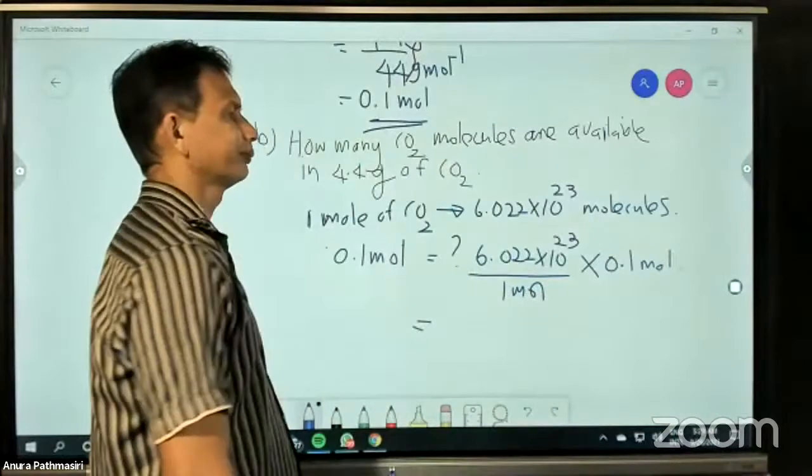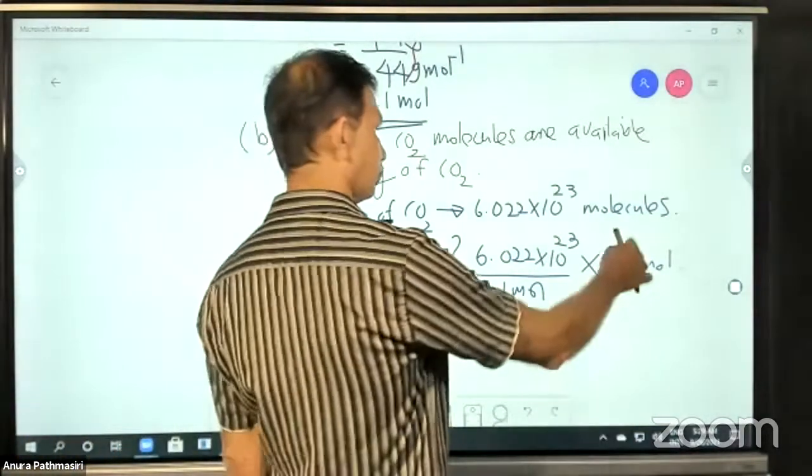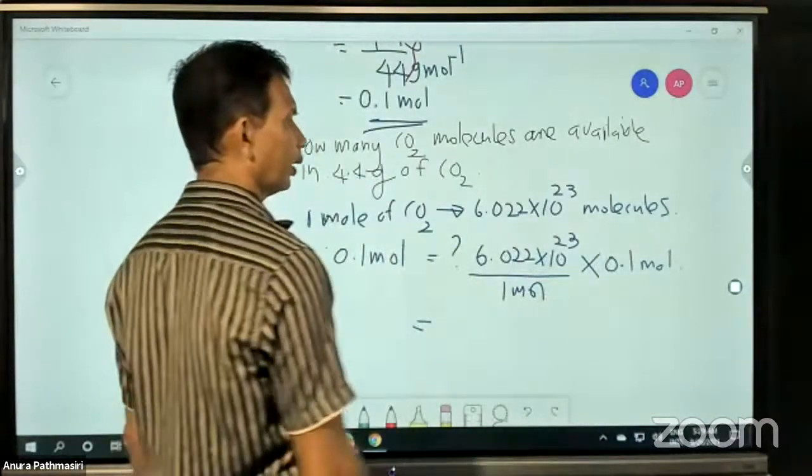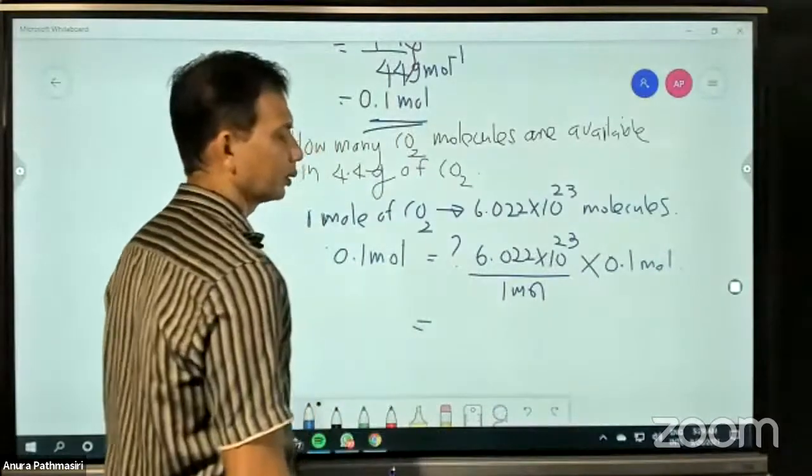How can you do that? You have to multiply this. The only change is that you have one decimal more, right?